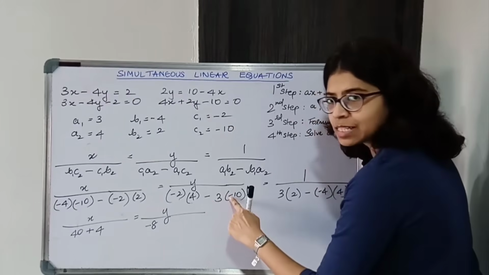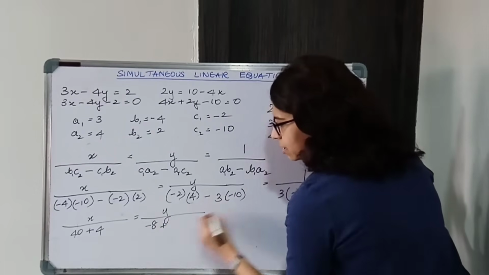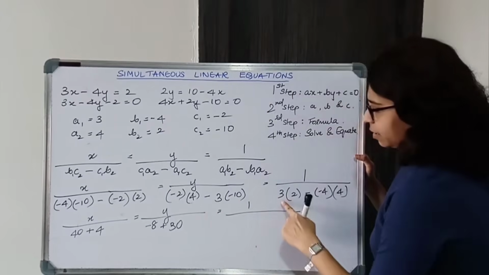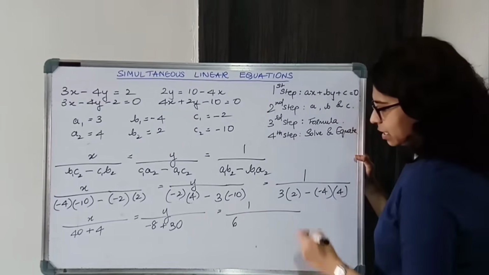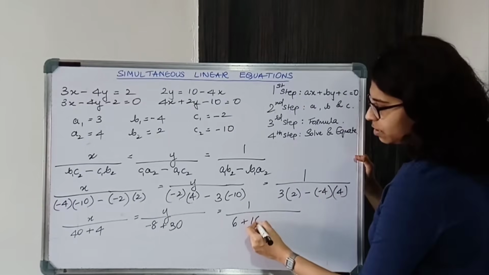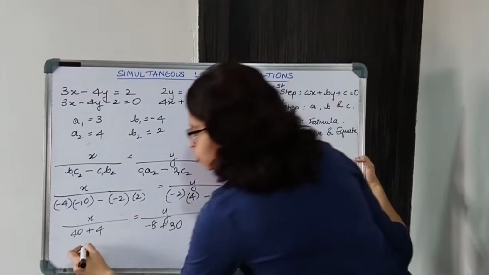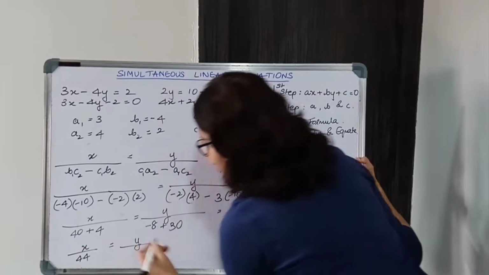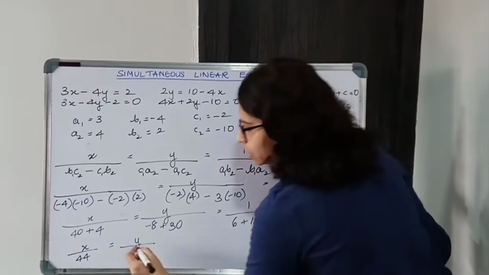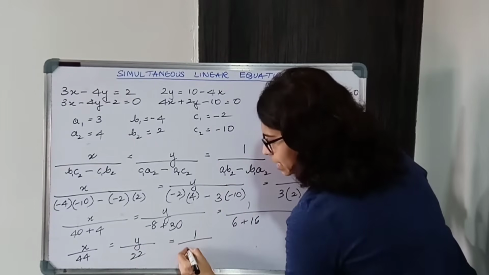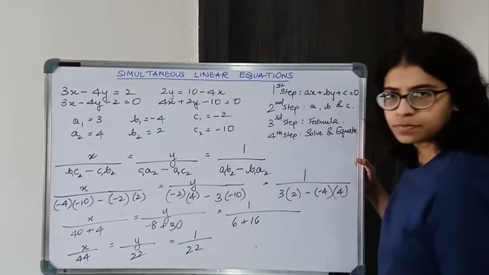Minus into minus gives plus 30. 3 2s are 6 and minus plus हो जाएगा, 4 4s are 16. So x upon 44 is equal to y upon 30 minus 8 कितना हो जाएगा, 22. And 6 plus 16 gives 22.